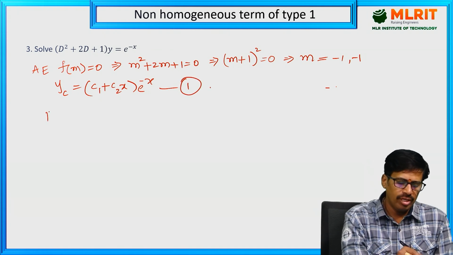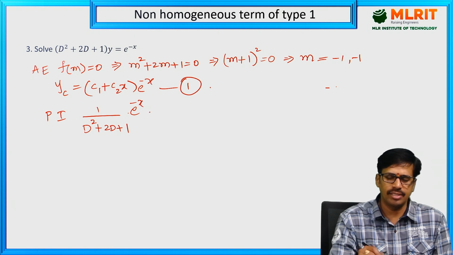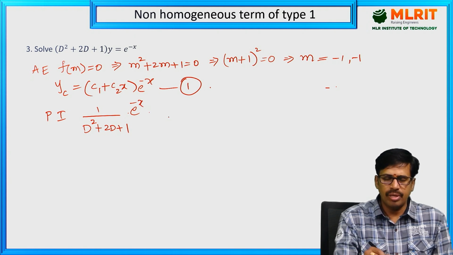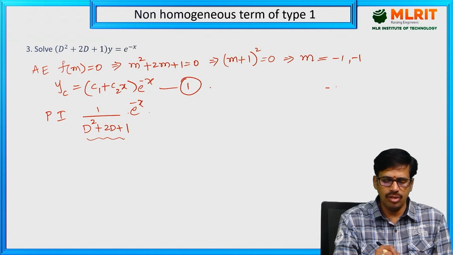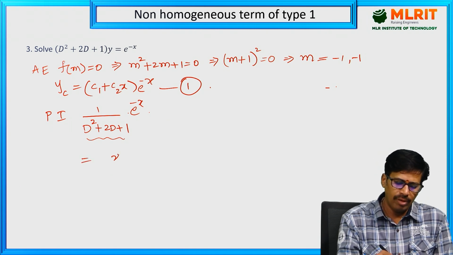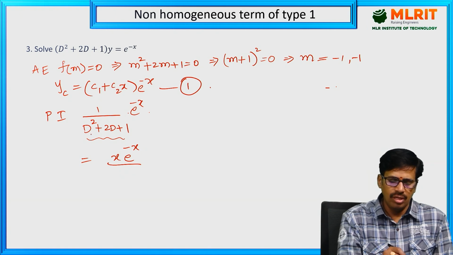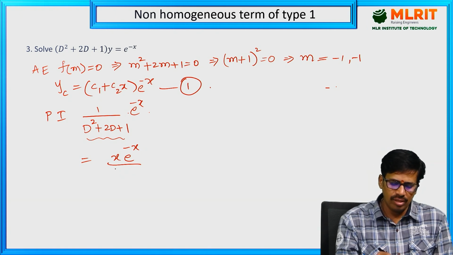Now to find the particular integral, 1 by D square plus 2D plus 1. The function is e power minus x. Now if you substitute D equal to minus 1, the denominator you are getting 0. So what you have to do? You multiply the numerator with x and differentiate the denominator. What is the derivative of D square? 2D, plus 2D derivative is 2, plus 1 derivative is 0.